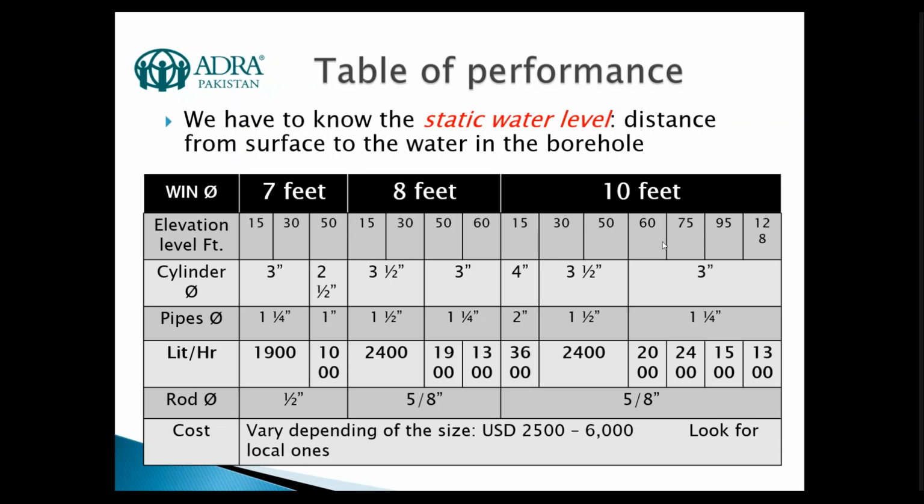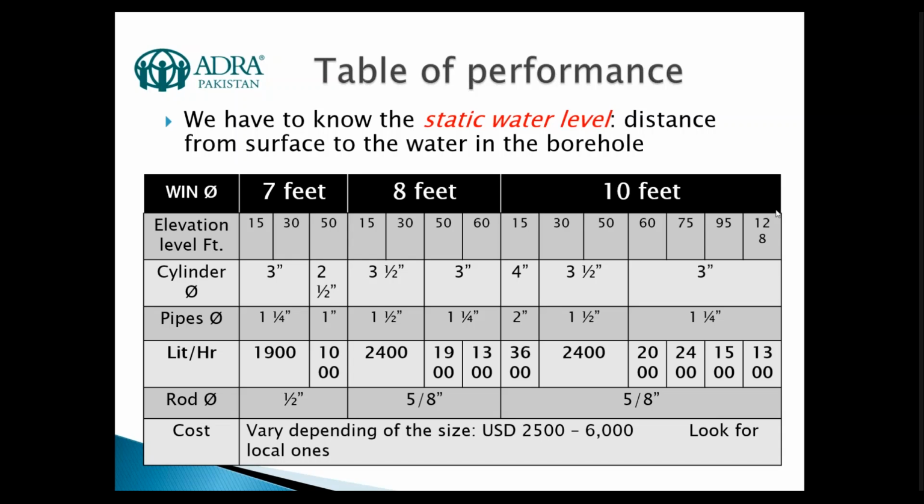Yes, we are using the 10 feet fan or windmill. The diameter is 10 feet, which means that the propeller has almost 3 meters of diameter to catch enough wind in order to move the propeller and to move the piston. And we are getting more or less between 15 and 2,400 liters per hour in our windmill experience.